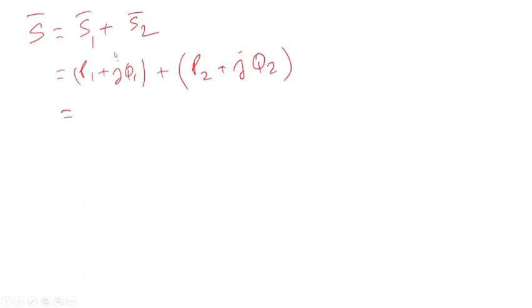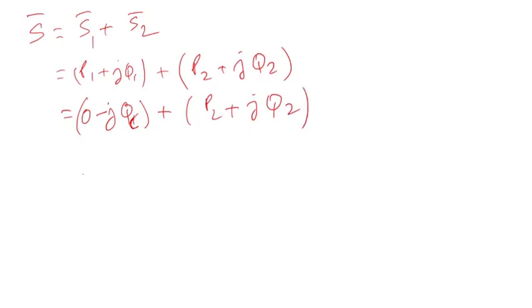S1 in my case is the capacitor bank. Since it's lossless, P1 is 0, and it will be negative because capacitor banks supply reactive power: minus j QC, referring to the capacitor, plus P2 plus jQ2.